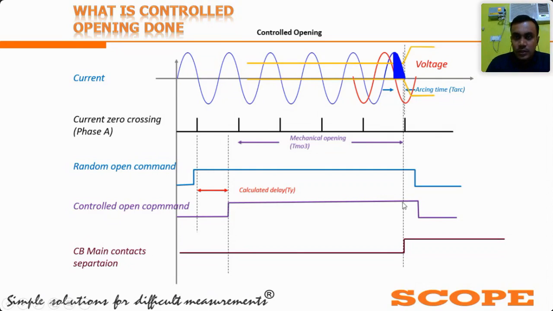So if we travel back, here we can say this timing is the mechanical timing, whatever the breaker took for opening. After that, the calculated delay, the CSD relay took to provide the controlled command.